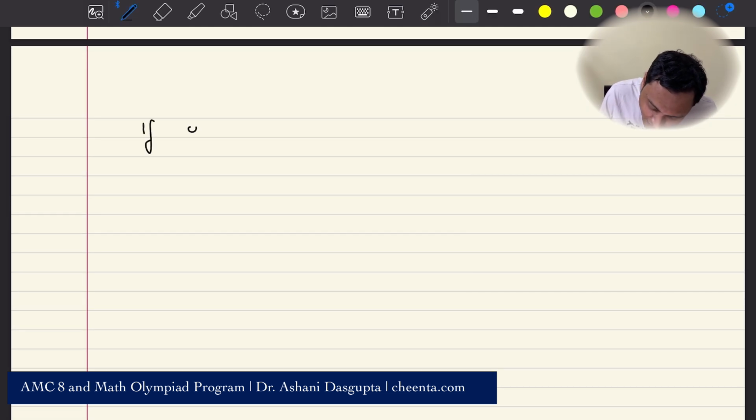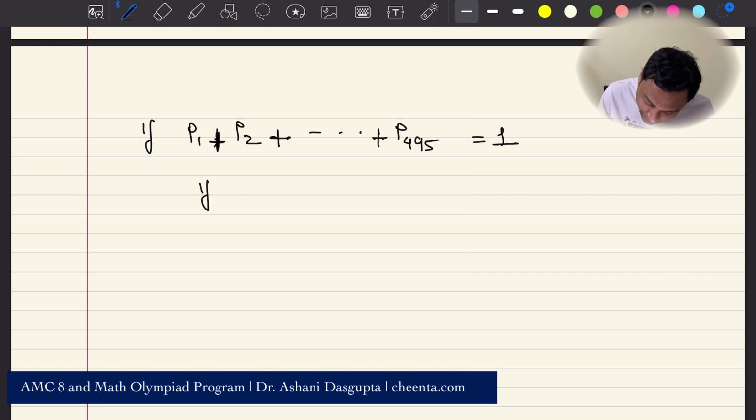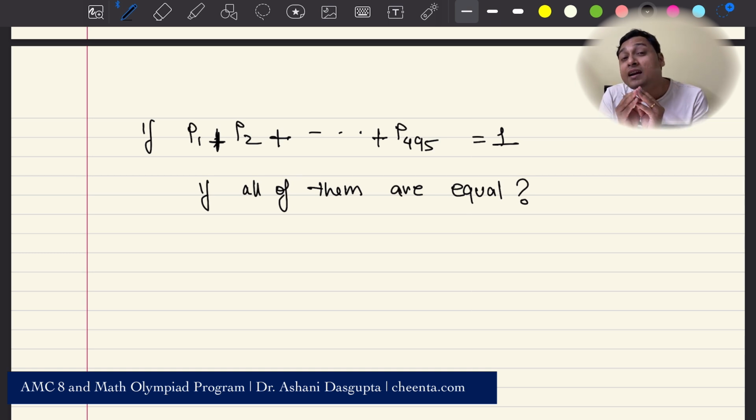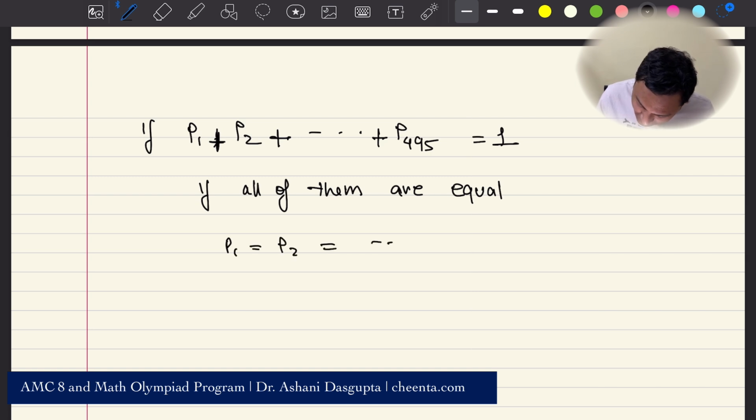If P1, P2 up to P495, the 495 output numbers, add up to 1, and if all of them are equal, then what is the value of each of these numbers?